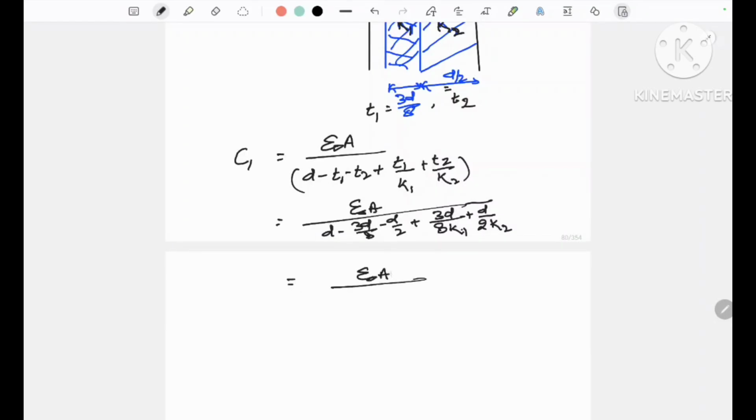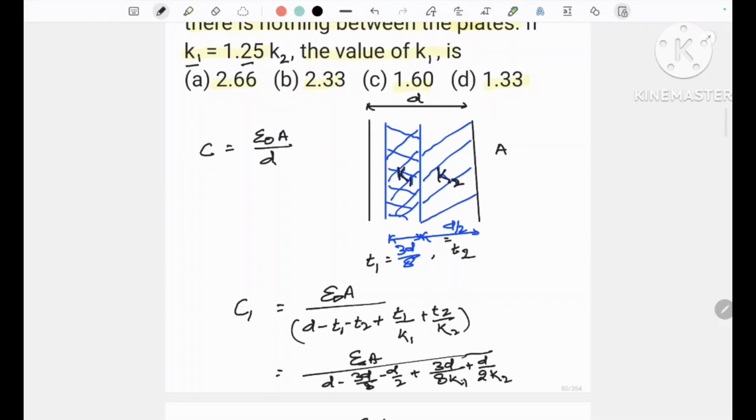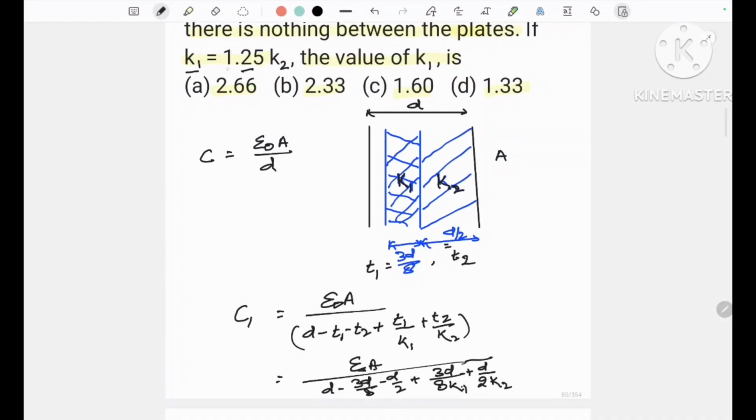Epsilon A over D by 8 plus 3D by 8K1 plus D by 2K2.